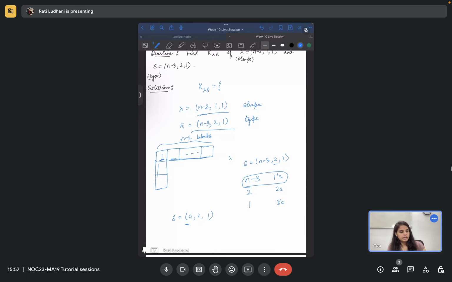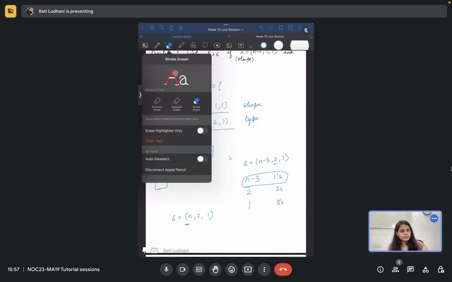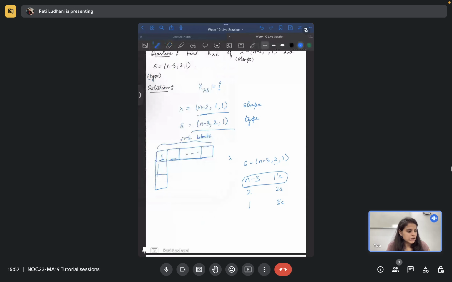Okay, so let's see. So you start with 1. Now you know that over the column it should be strictly increasing. And you have two 2s and one 3. So what can you have at this place and this place?